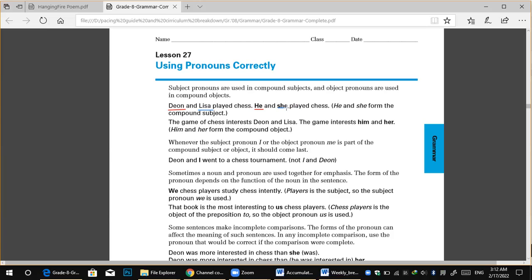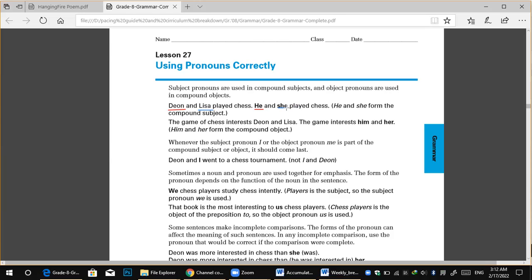Okay, so that's the first part of the lesson, when you try to use a compound subject or compound objects. Each one of them is accepted on its own, as we saw here in Dion and Lisa, he and she.